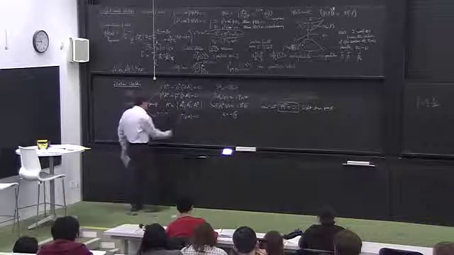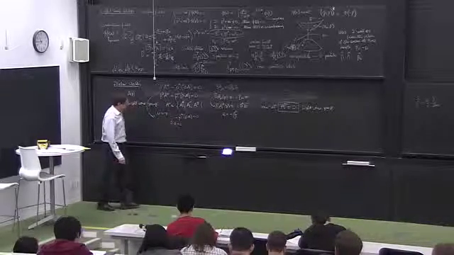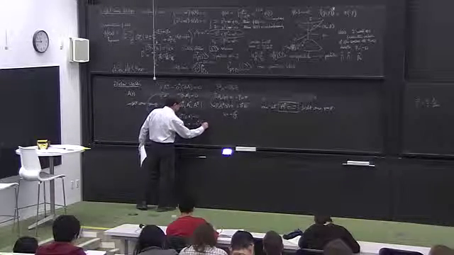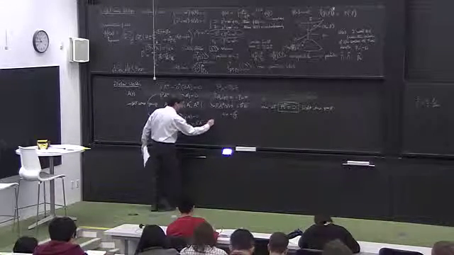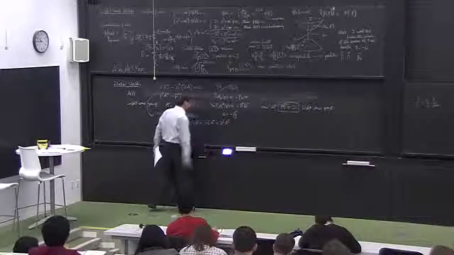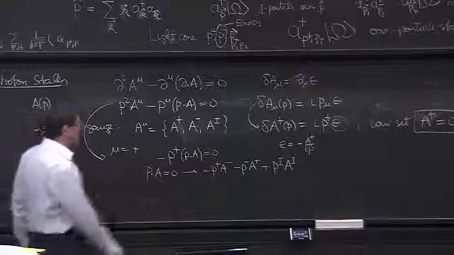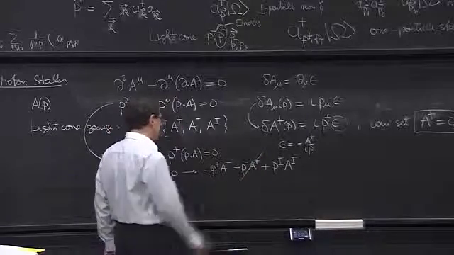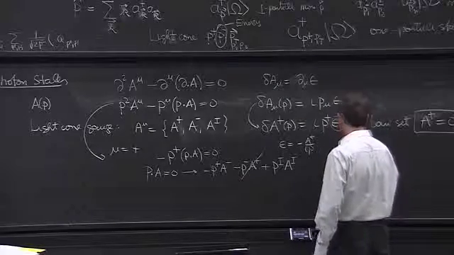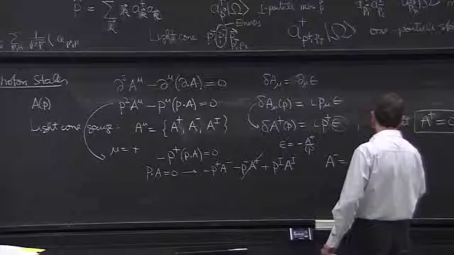So P dot A must be 0. And what is P dot A? Well, P dot A is minus P plus A minus, minus P minus A plus, plus P i A i. But this term is 0 because A plus is 0. So from here, we can solve that A minus is equal to 1 over P plus of P i A i.